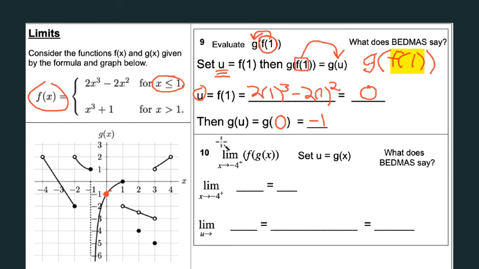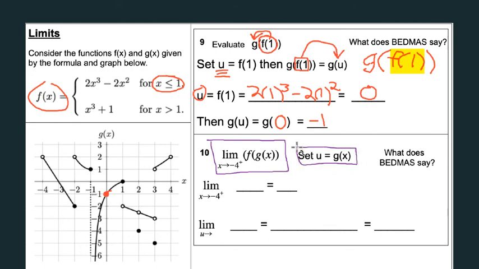Okay, now we're going to do a limit. And our limit is right here. So it says we're going to do the limit of f of g of x, where g of x is inside f, right? So what do we set u as? u is the inside function.